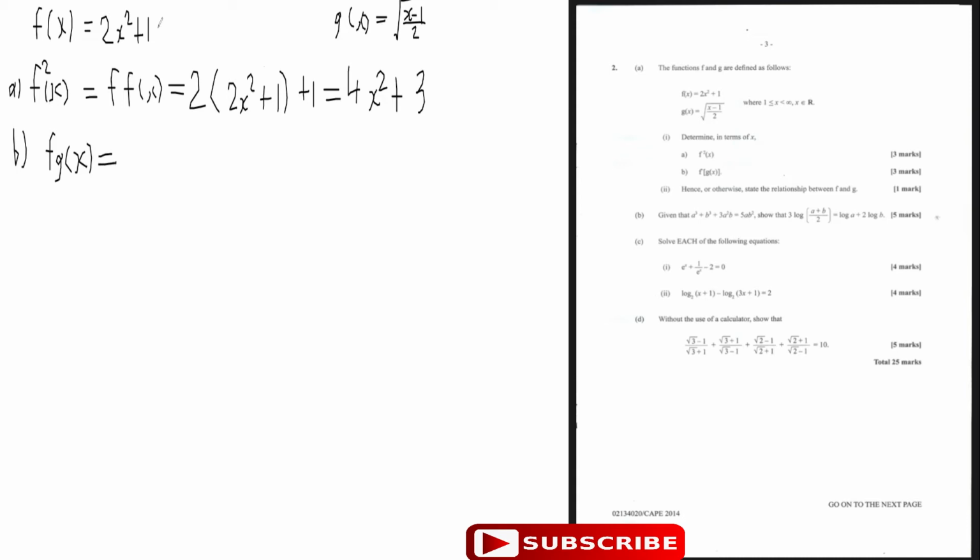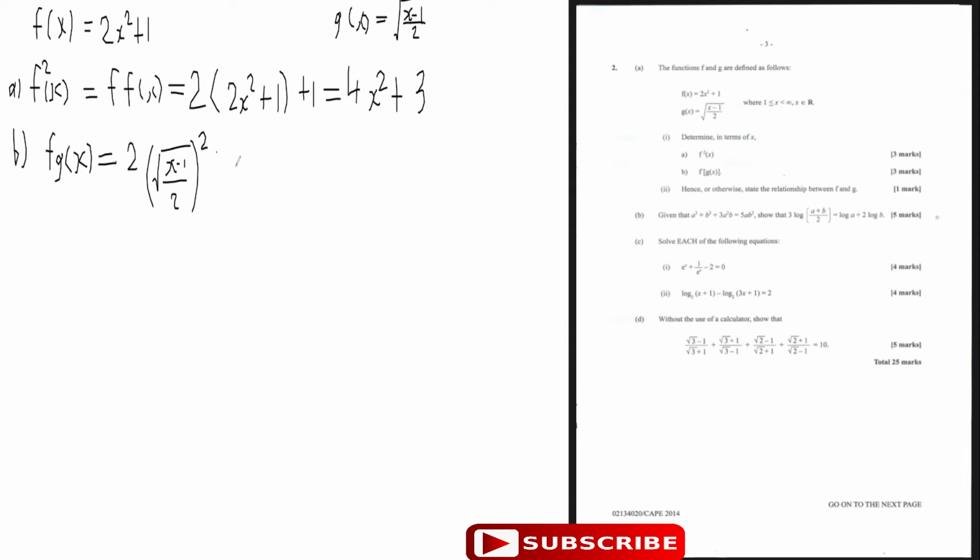So putting g of x into f, we're going to get 2 times x squared, and you're going to replace x with all of that. So you're going to replace x with the square root of (x minus 1) over 2, all squared, plus 1.